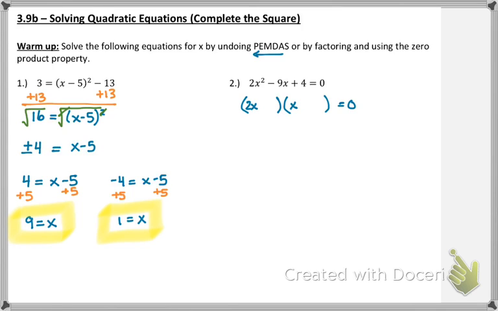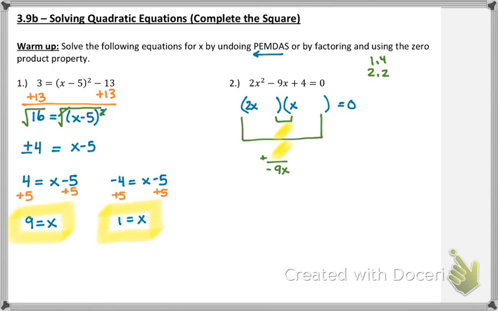And then I want to find factors of 4 so that, using guess and check, when I multiply the inner terms and the outer terms, I want to make sure that it adds to give me negative 9x. So I'm going to do factors of 4 are 1 and 4, and 2 and 2.